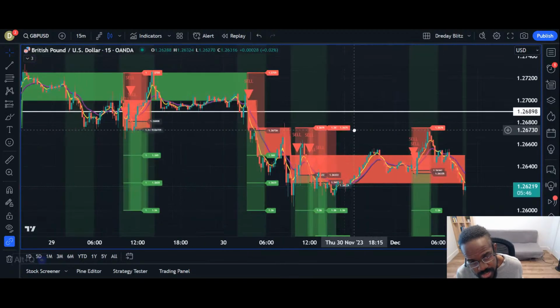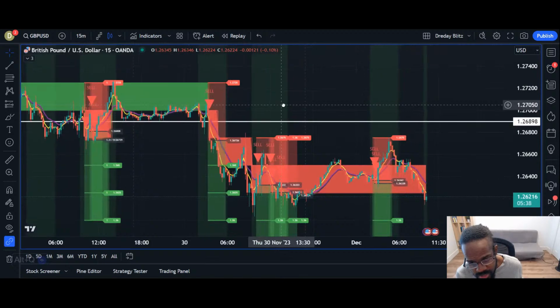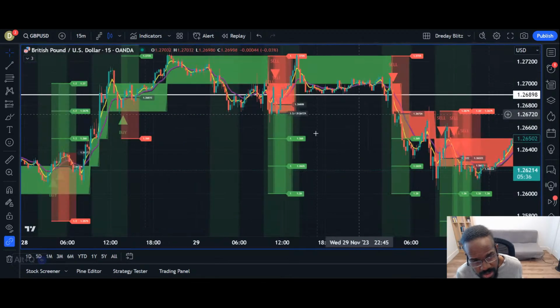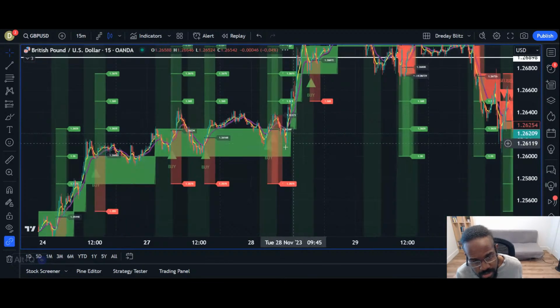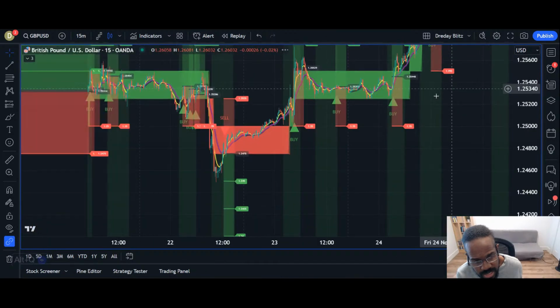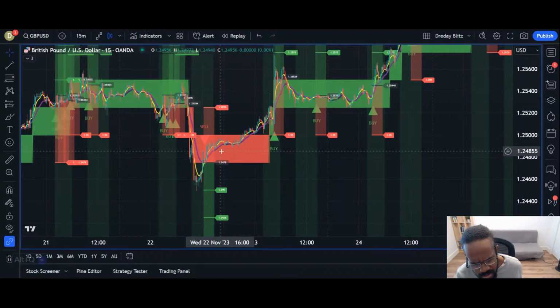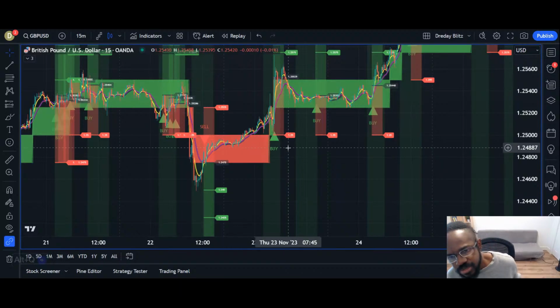Okay, because if you're seeing that, it was selling off since Thursday, yesterday. So since yesterday, the pound was weaker, because it was stronger since Thursday, last week Thursday.